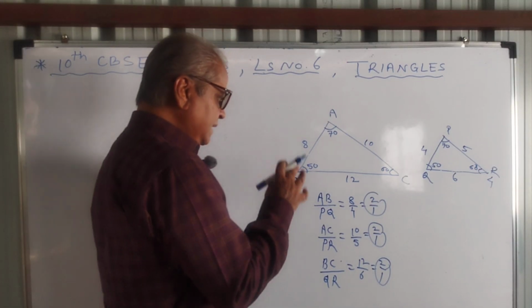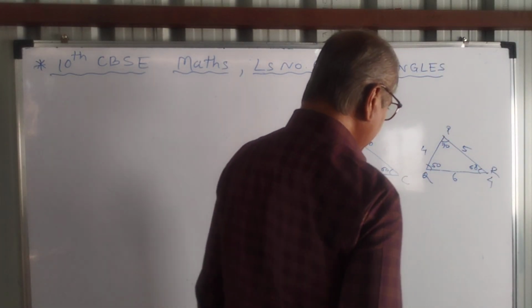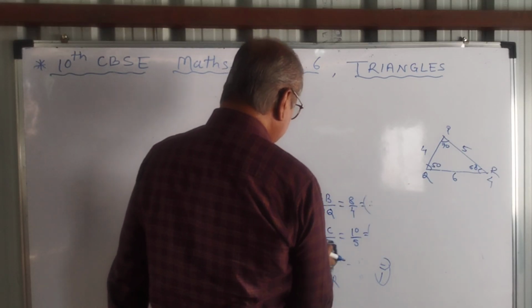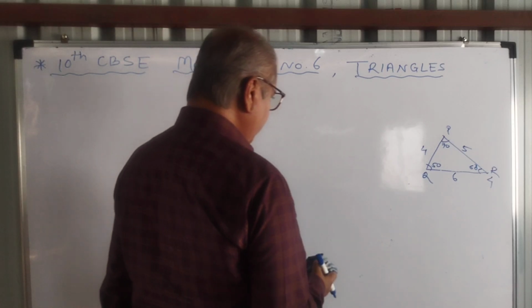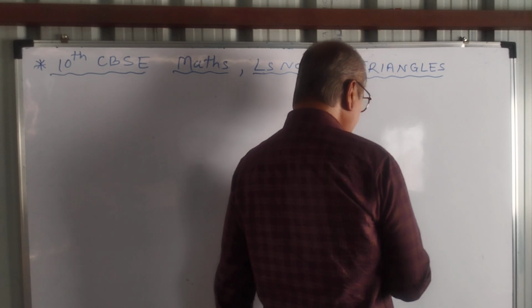Based only on corresponding sides being in proportion and corresponding angles being congruent, the figures are similar. Depending upon this we will solve exercise number 1, a very simple one.